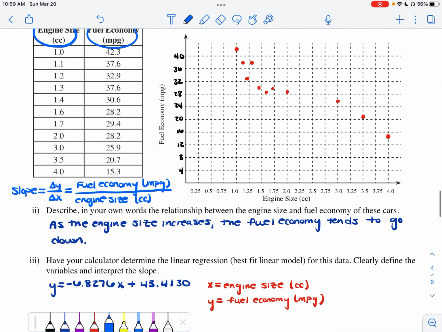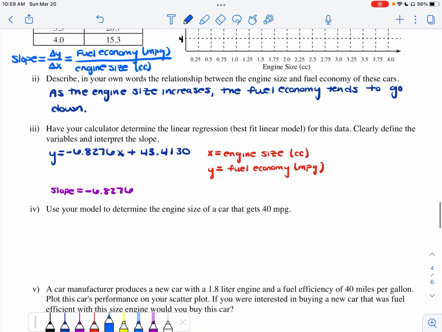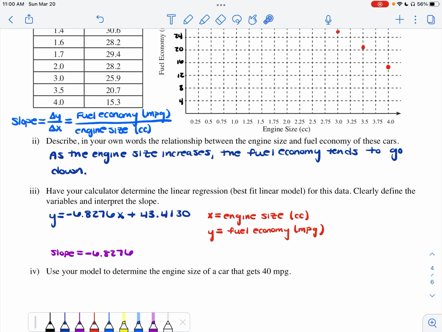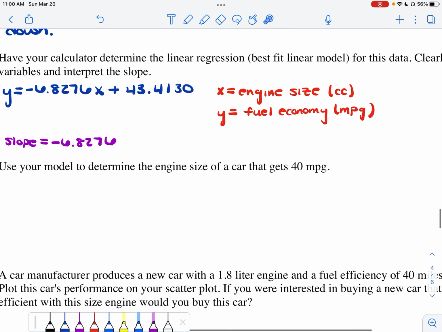First of all, notice that our slope is negative, which means that it's a decrease. So what we would say is that the fuel economy is decreasing by 6.8276 for every one increase of the CC in the engine size.